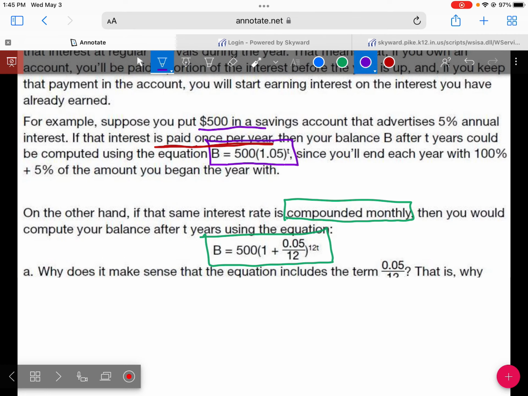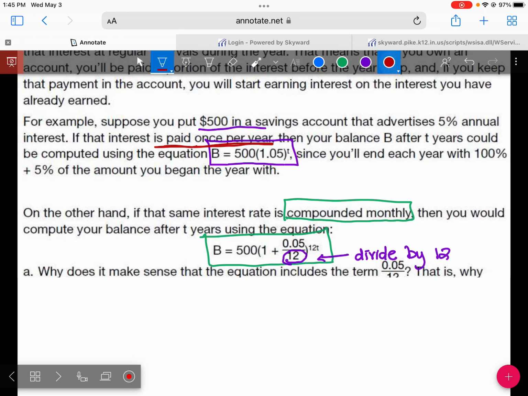If it's compounded monthly, you're going to take that percent and divide it by 12. And it's just the percentage, okay? Just your growth rate. Divide by 12 if it's compounded monthly.